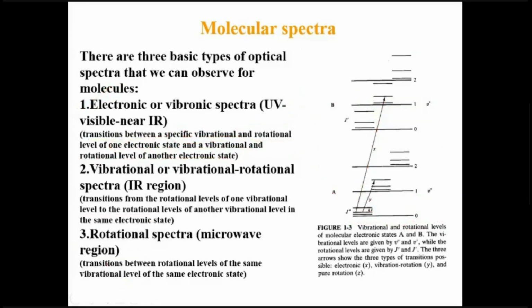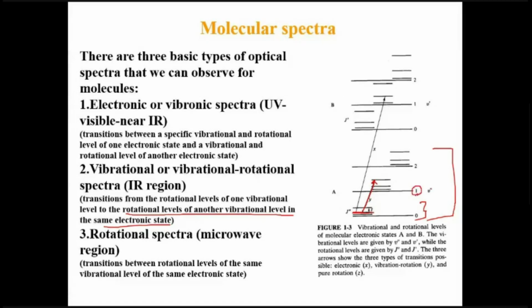Now, moving further, vibrational and vibrational-rotational spectra. This is a transition from a rotational level of one vibrational state to the rotational levels of another vibrational level in the same electronic state. So the electronic state remains the same, but what changes? We get a change in vibrational level.